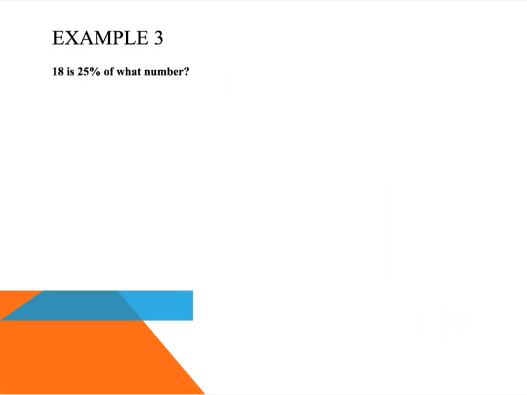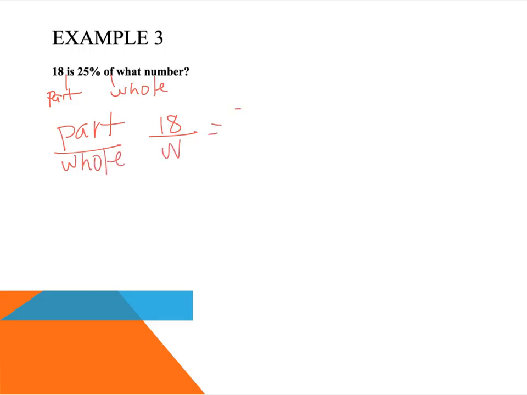Remember, is our part, of is our whole. So the thing that we don't know is the whole. So we're going to do 18 is our part, W is our whole because we don't know it, and then 25 is our percent over 100.